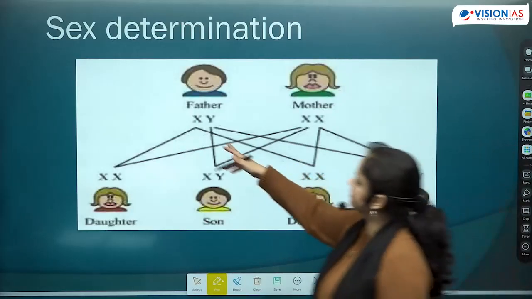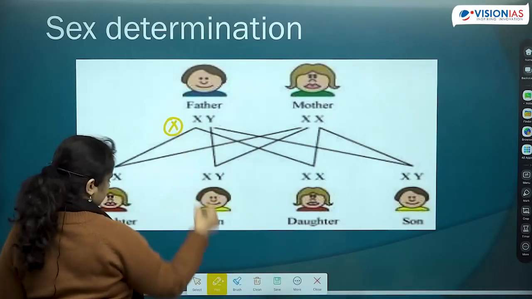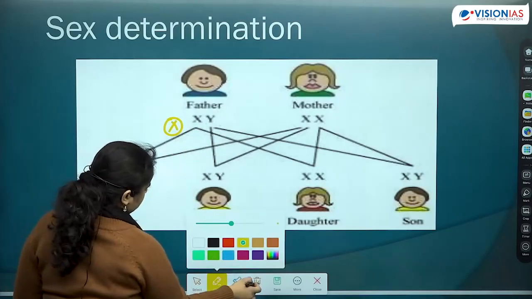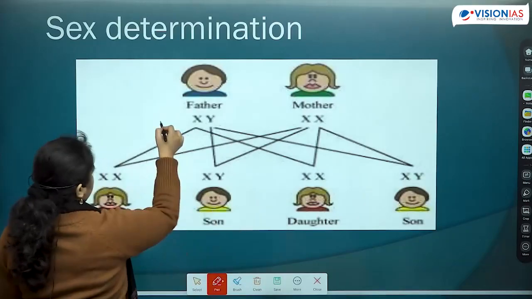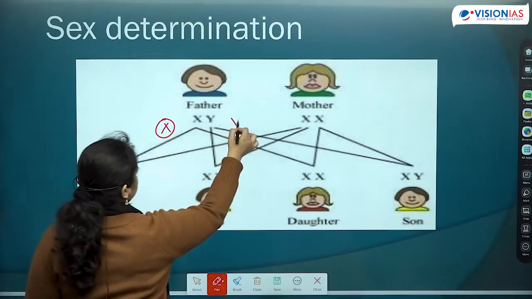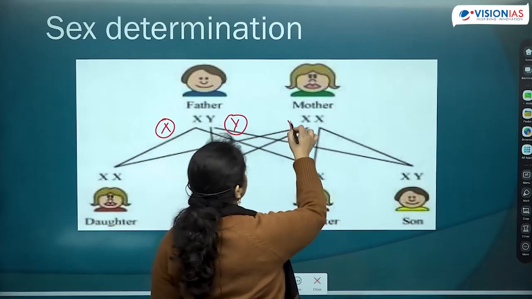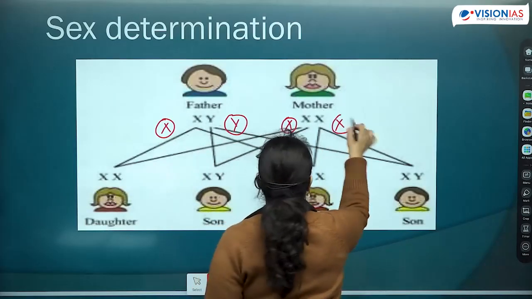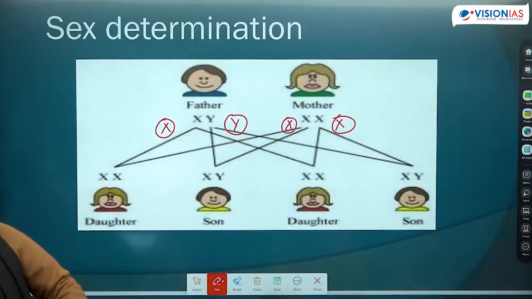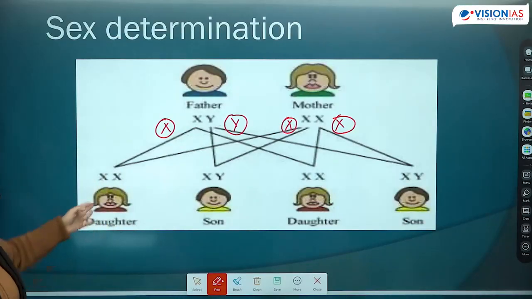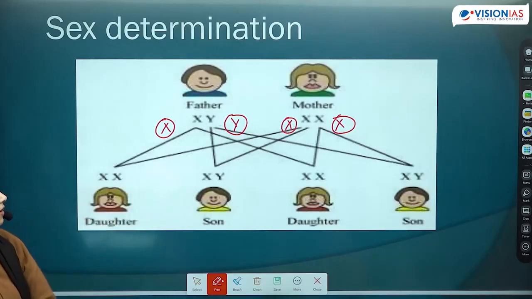This is the father's genotype X and Y. अगर gametes बनाने हैं, so we can make X and Y, two kinds of gametes. Mother में X and X, both gametes are the same. So you get XX, XY, XX, XY.